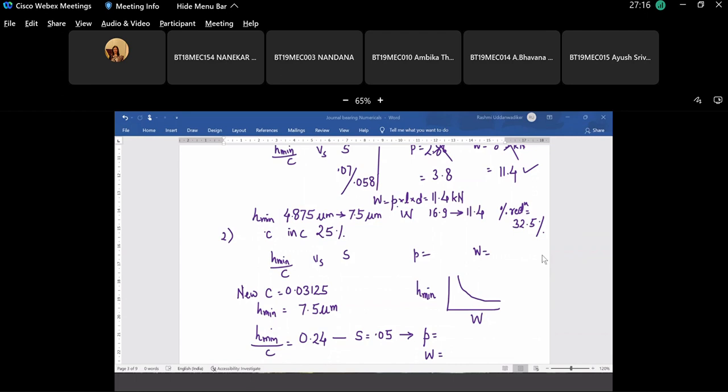Manas, what is the value for average pressure? 2.56. If we go with 2.56, 2.57, give me what is the load carrying capacity?